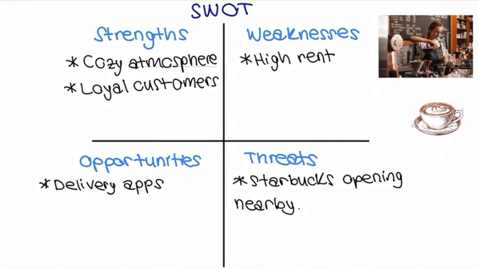So the shop owner thinks by using our strengths and incorporating our opportunities into our future plans, we can make our business stand out from the threats, which gives us a competitive advantage against Starbucks. So by using SWOT, we can turn problems into a winning plan, simply.